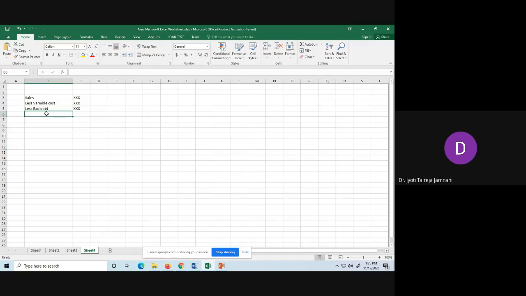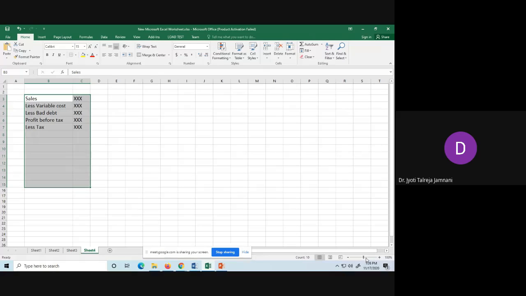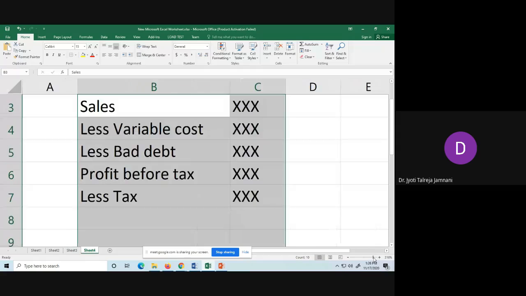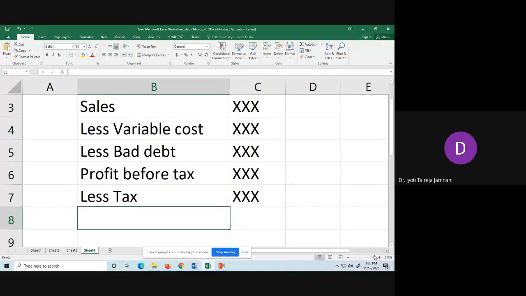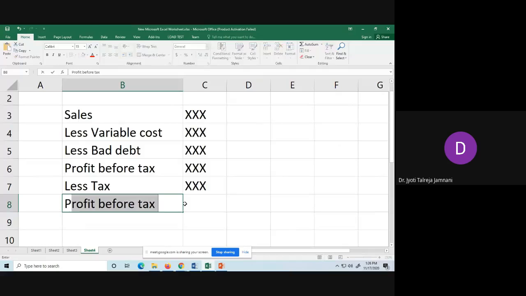What you will get is profit before tax. From profit before tax, you less tax, and you will get profit after tax.